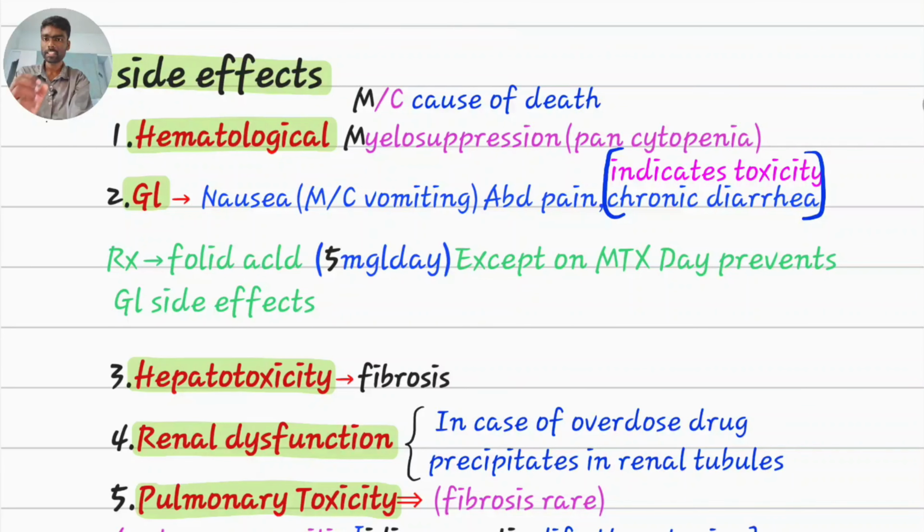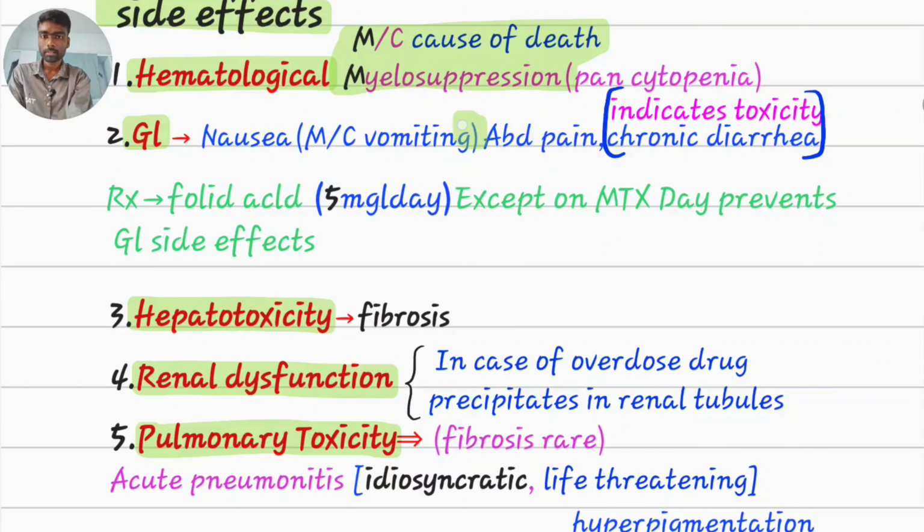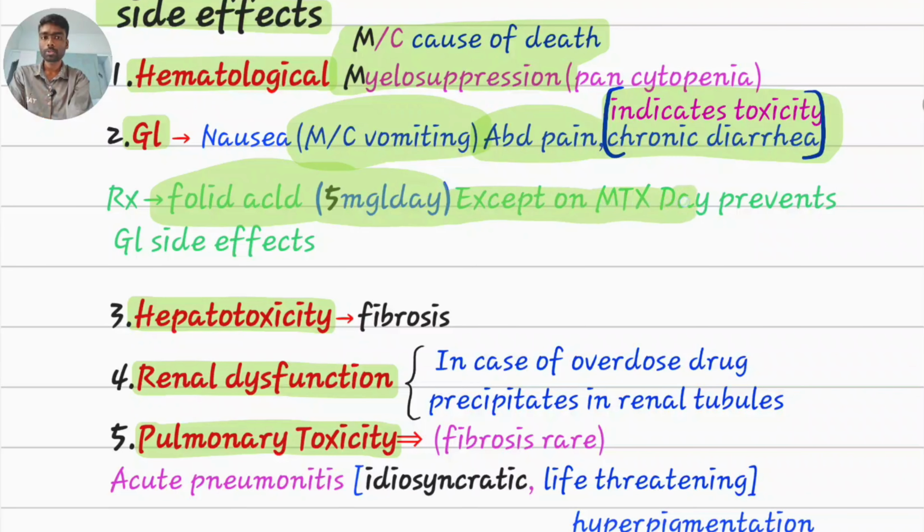Coming to side effects, mainly myelosuppression, most common cause of death. Nausea and most common GI side effect is vomiting, abdominal pain. Chronic diarrhea indicates toxicity. Folic acid supplementation of 5 mg per day except on methotrexate day will prevent these GI side effects.